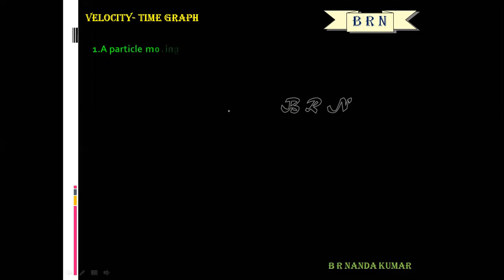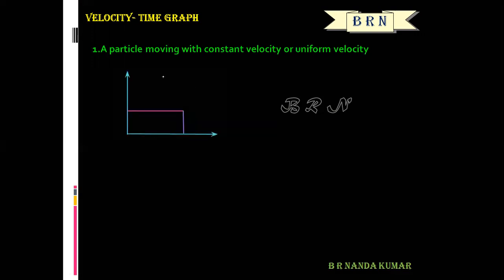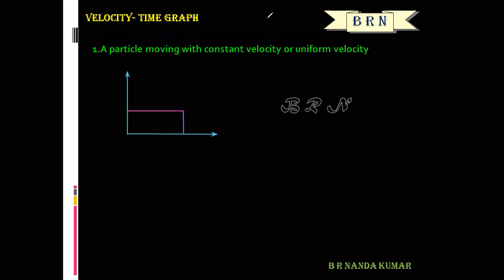The first graph is for a particle moving with a constant velocity or uniform velocity. First, let us consider a velocity time graph. What is the meaning of a velocity time graph?